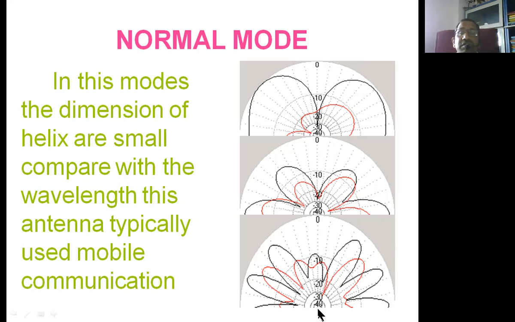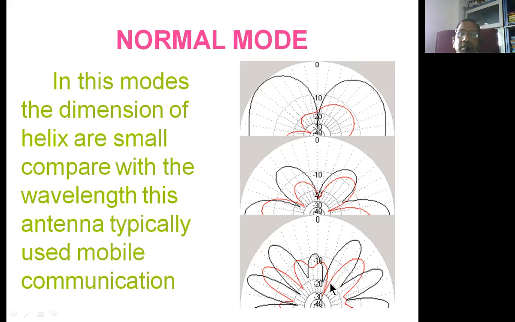Now observe this radiation pattern. The black radiation pattern is the ideal radiation pattern, and the red one is the practical radiation pattern.